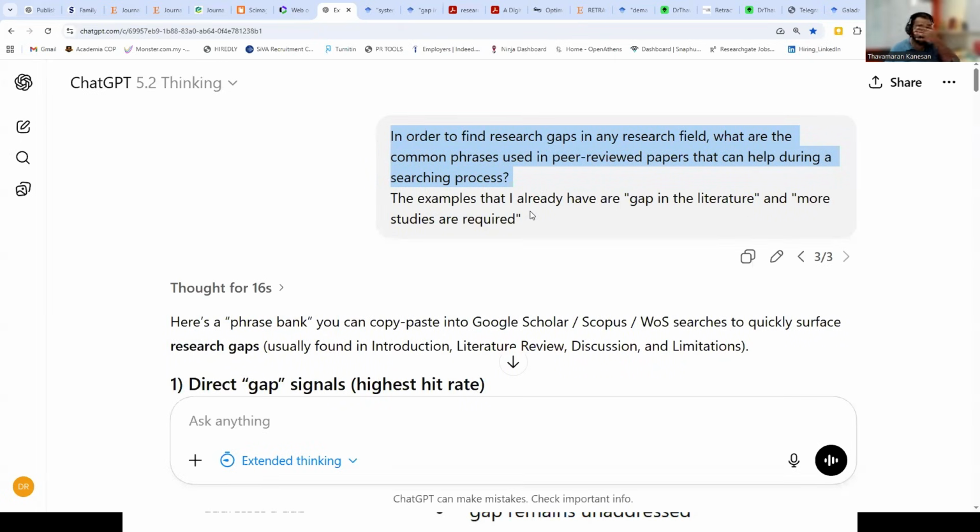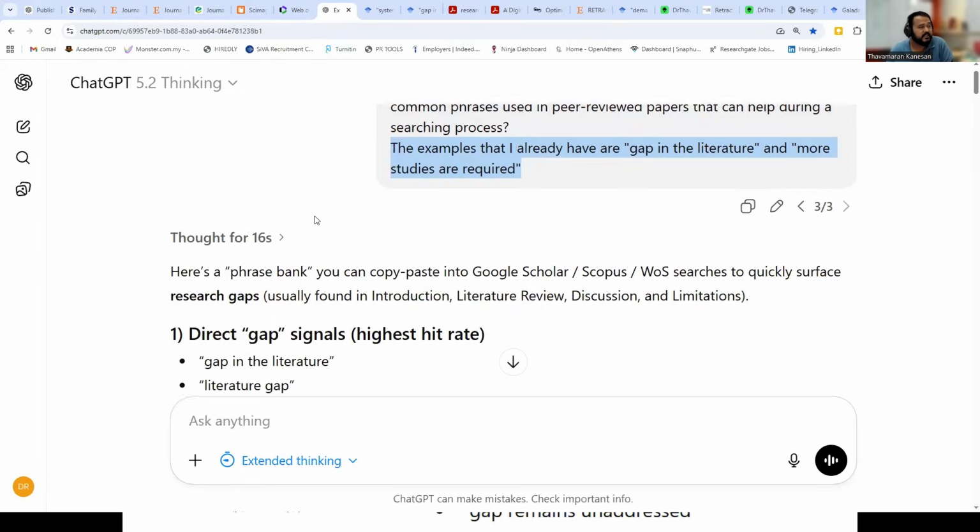When I ask ChatGPT something quite complex, I also give examples, so that it knows exactly what I need. The more information you give, the better the outcome of your prompting. So these are the answers.